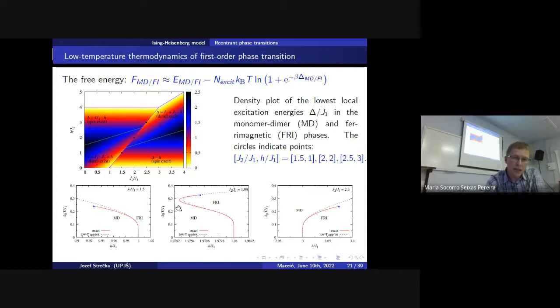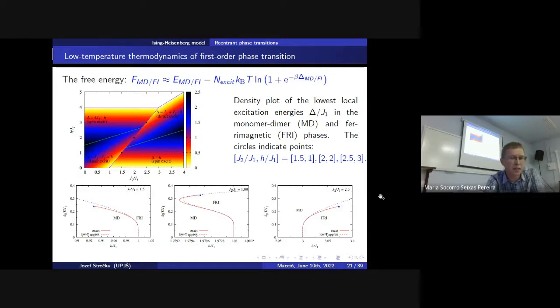To understand reentrance, we need to add not only the lowest energy excitation, but also the second excited state. And our arguments, which just take into account the expansion including the first, lowest energy excitation, are shown on this figure by this blue broken line. So my argumentation is perfectly correct.